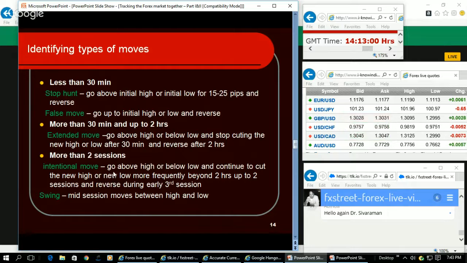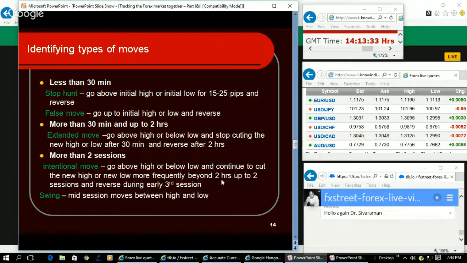One of the additional moves is the extended stop and. The extended stop and move is a downward move which happens during the early part of the day, and they reverse it on the same day. A stop and is about 15 to 25 pips, and the extended stop and is a deep downward move, and then within the same day they reverse in a matter of about 2-3 hours, or maximum within 2 sessions, and go above and continue to rise.